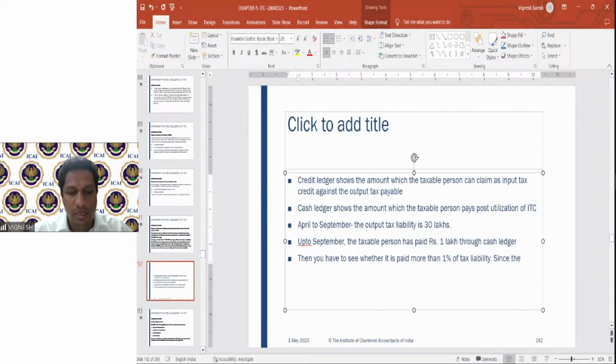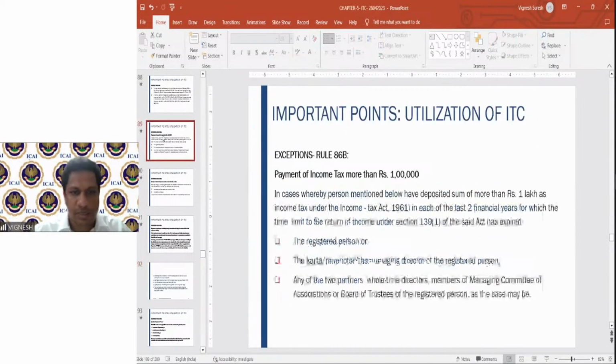Since the amount paid through the cash ledger is more than rupees 30,000, then Rule 86B will not apply, even if turnover. Okay, what does 86B say?